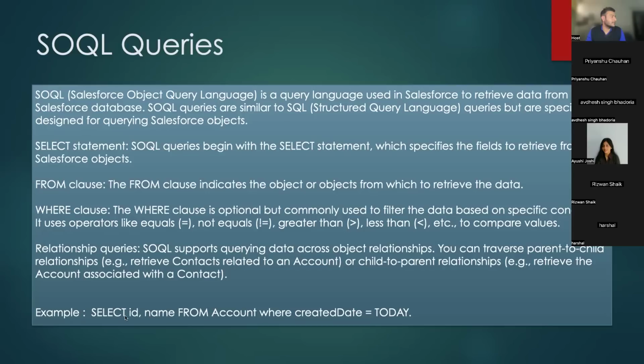Select clause and from clause are mandatory in a SOQL query. Without that, you will not be able to build a SOQL query. Whereas the where clause is an additional or optional clause depending on need. Depending on your need, you either want to use it or don't want to use it. This is the basic structure of a SOQL query.